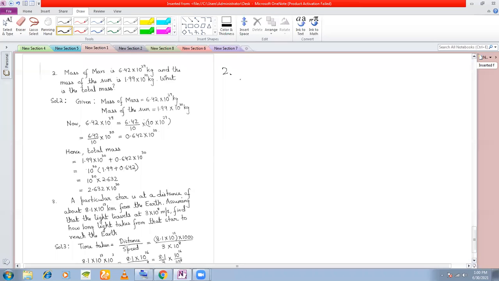Mass of Mars is 6.642 into 10 to the power of 29 kg, and the mass of Sun is 1.99 into 10 to the power of 30. Let's see, mass of Mars is equal to 6.42 into 10 to the power of 29 kg.